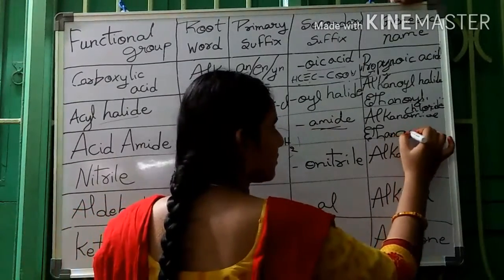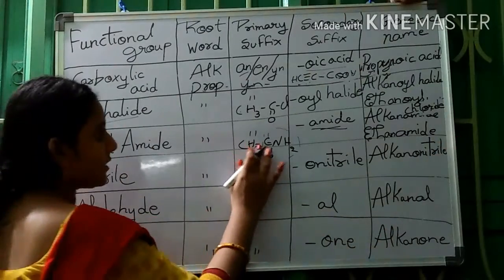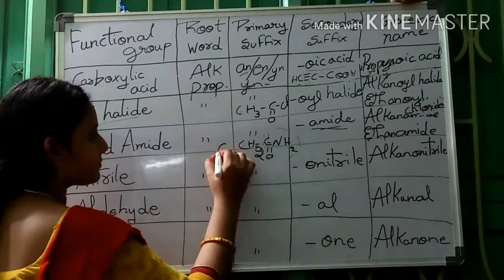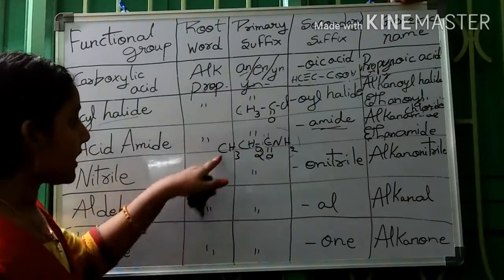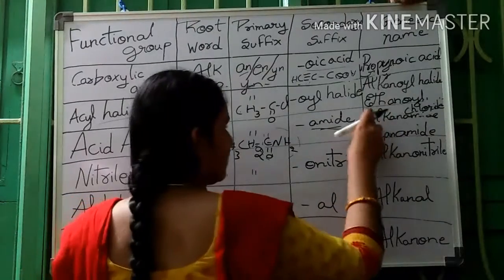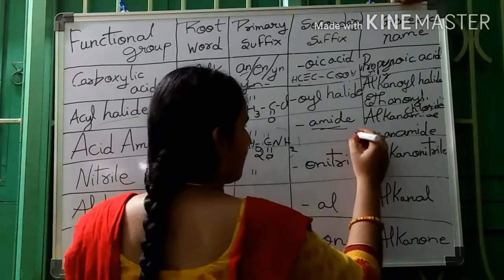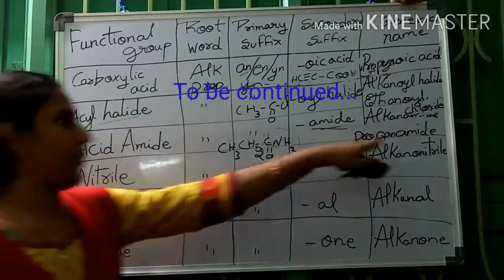Ethanamide. If this is the compound CH3CH2CONH2, 3 carbons are present, no? So propanamide. This is propanamide.